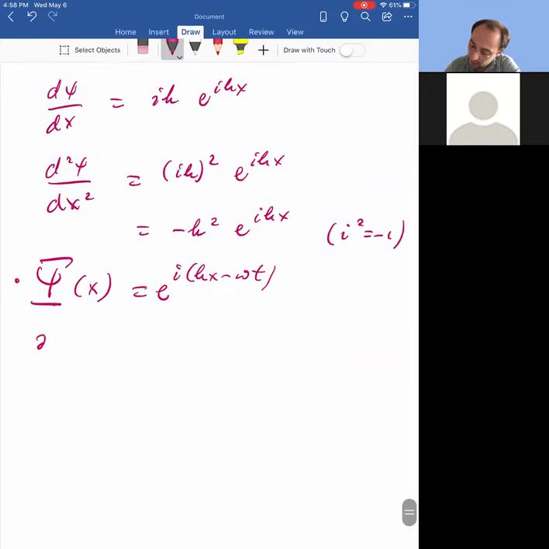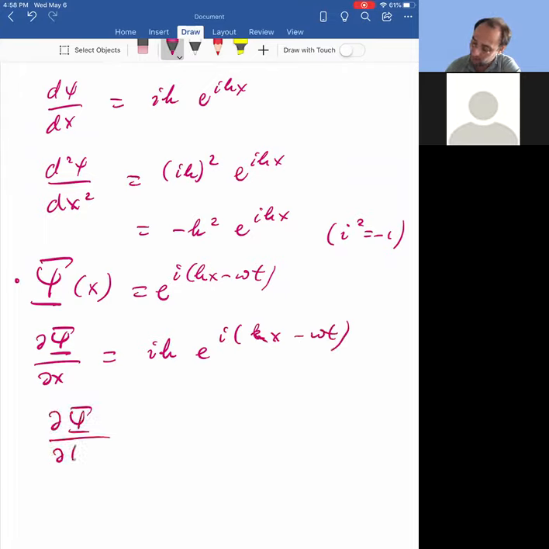So I can take the partial derivative of this with respect to x, which is ik e to the i(kx minus omega t). And I can take the partial derivative with respect to time, which is minus i omega e to the i(kx minus omega t).